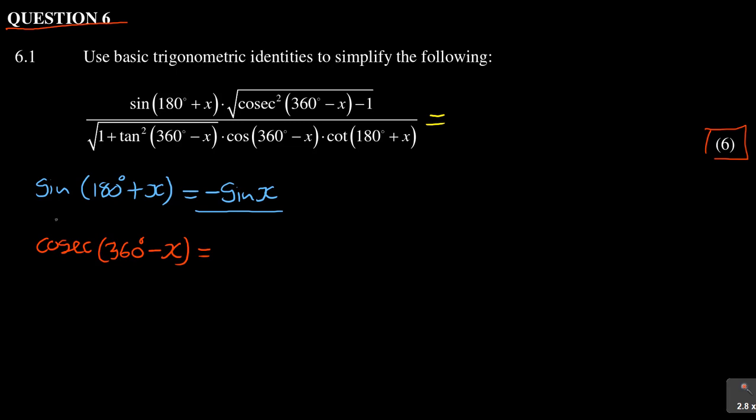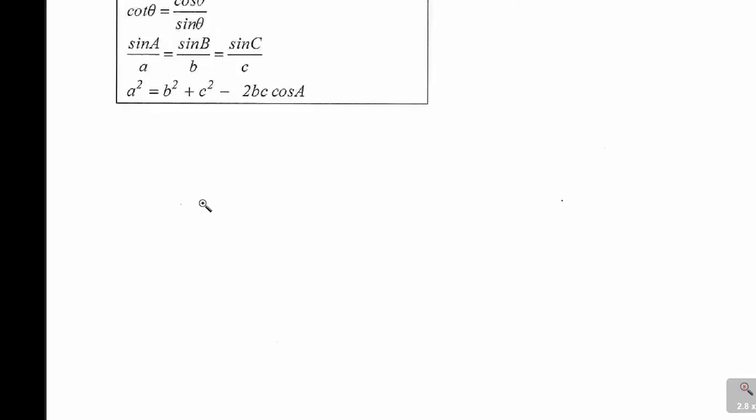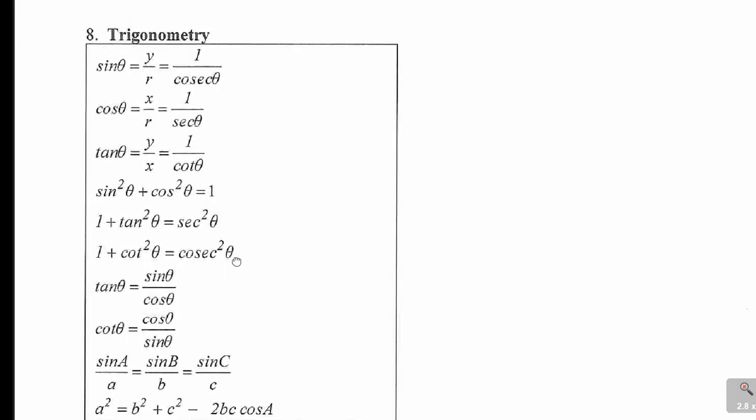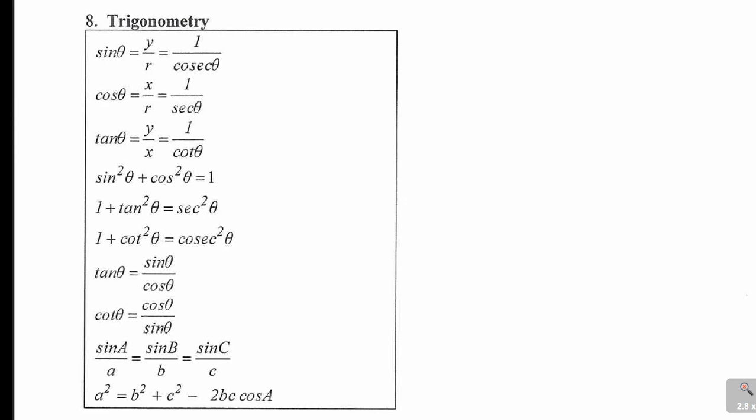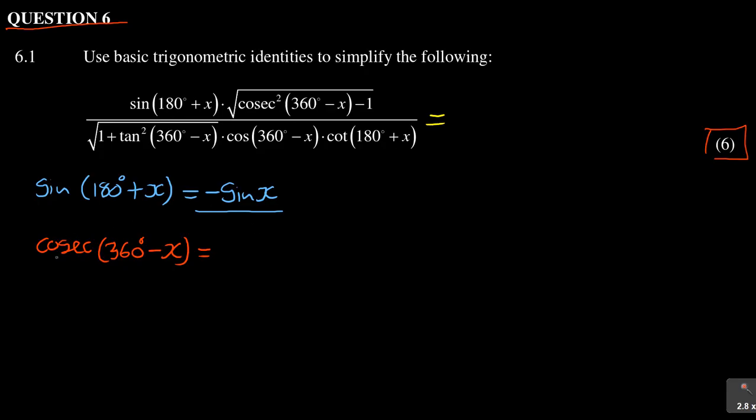Let me go through the formulas, which are at the back of your question paper. You can see in the first one that cosec and sin theta are linked. So sin is 1 over cosec, which means cosec is 1 over sin. So these two are linked together, and because of that, cosec and sin use the same reduction rules.